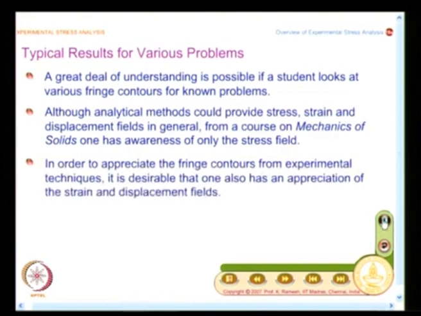And what we are going to now focus upon is, there is a fundamental difference. See, when you do a course in strength of materials, you find out what is stress, and your focus is essentially on stress at a point.